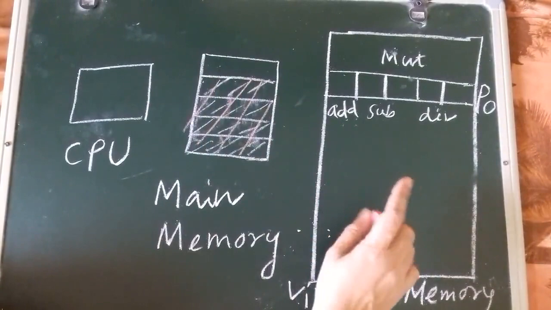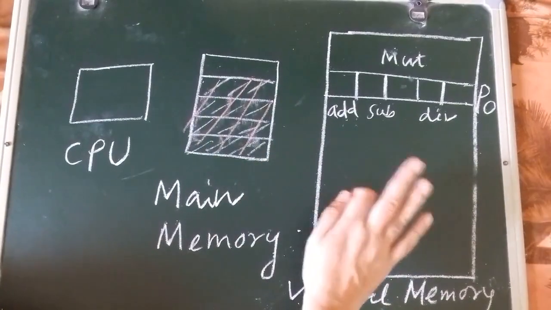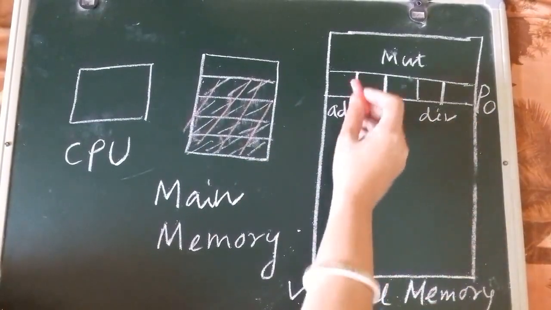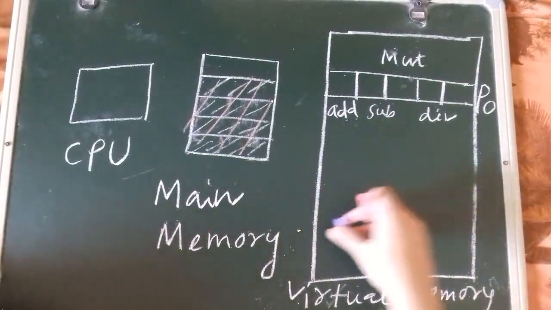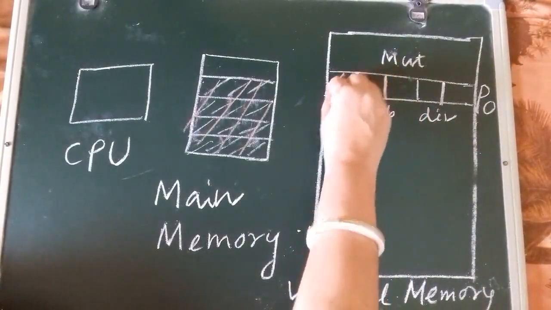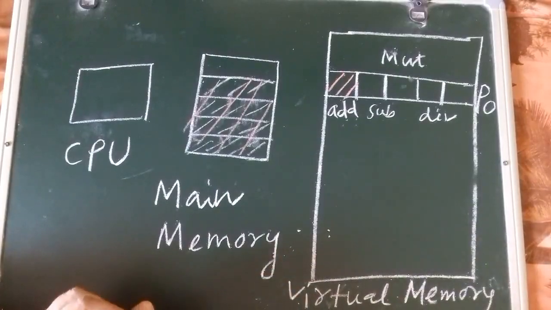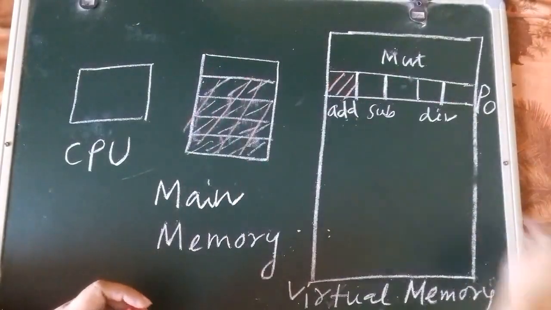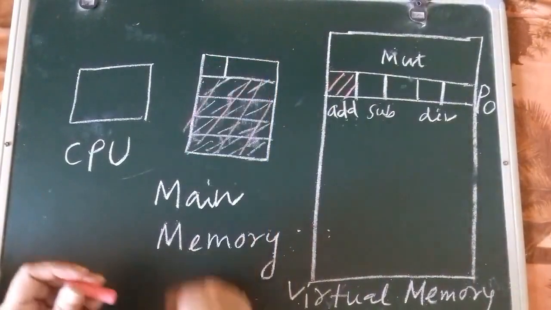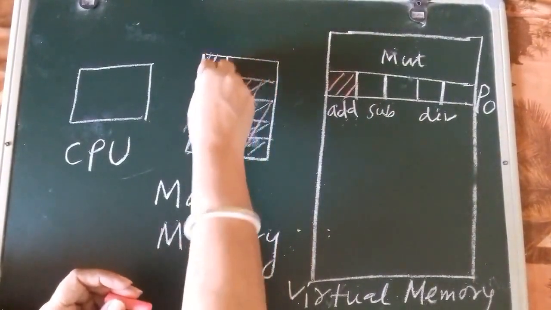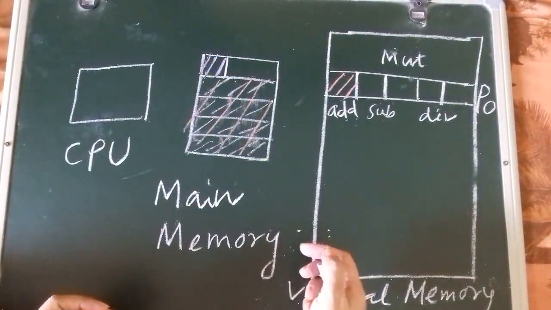This concept will be discussed in detail in the virtual memory topic. As of now, I will tell you: memory will be divided into small sized blocks. Virtual memory will be divided into small sized blocks, that is called a page, and similarly main memory will be divided into equal sized blocks, which is called a frame.